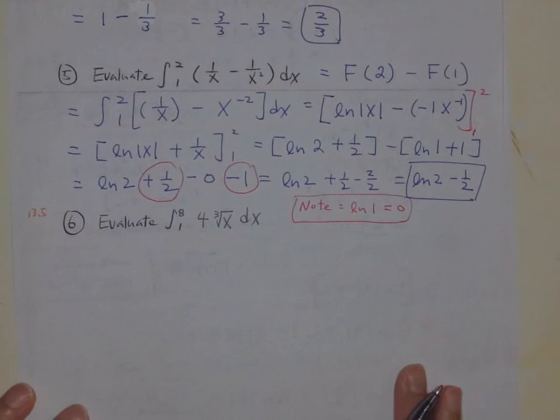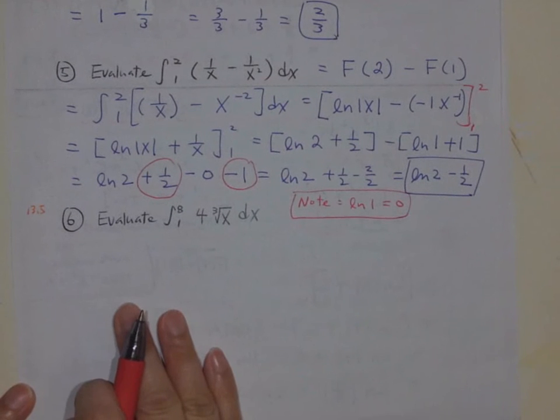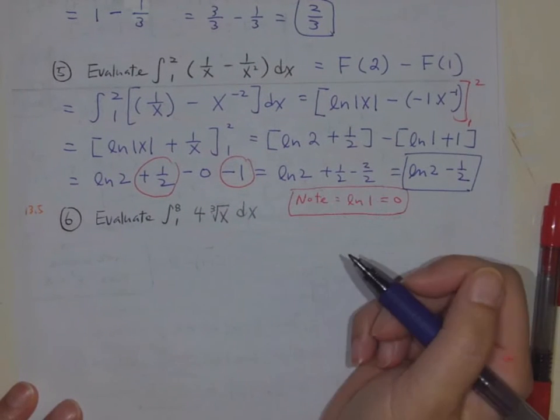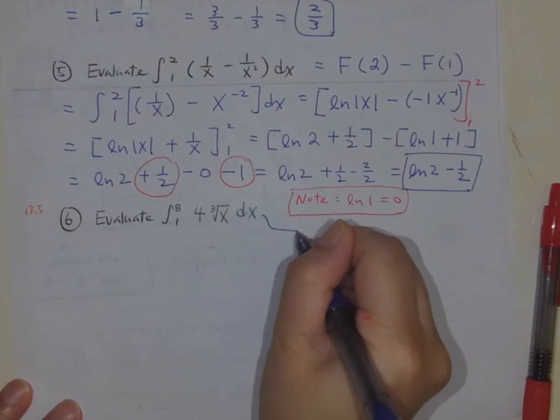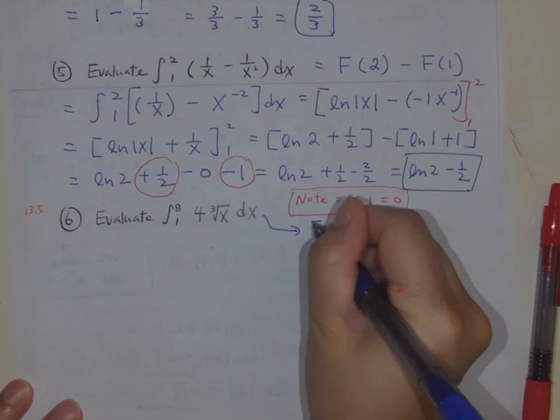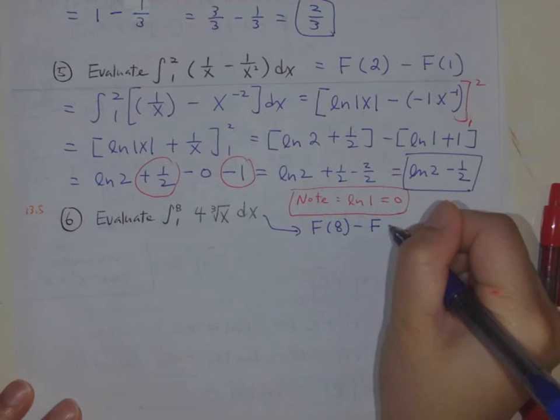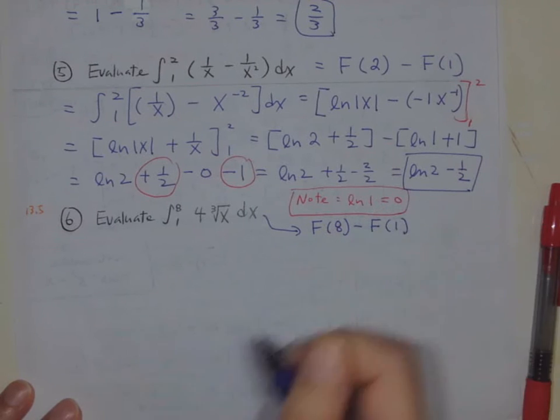Okay, so next we have one question like this on the homework, so make sure you know how to do it. So again, this means we're going to use the antiderivative of the upper limit 8 minus the antiderivative of the lower limit 1, right?